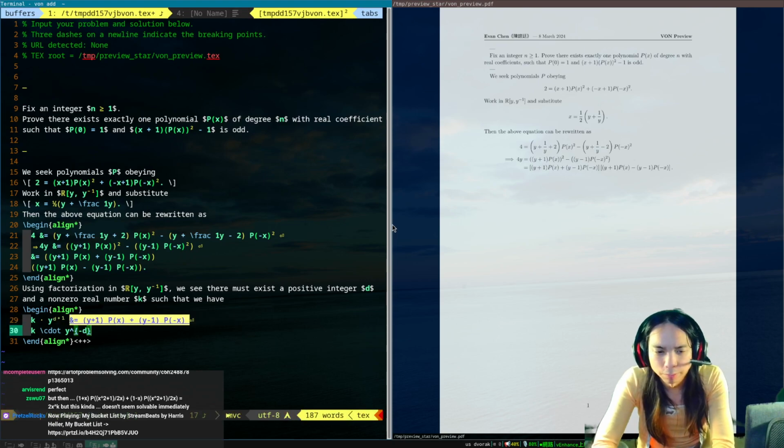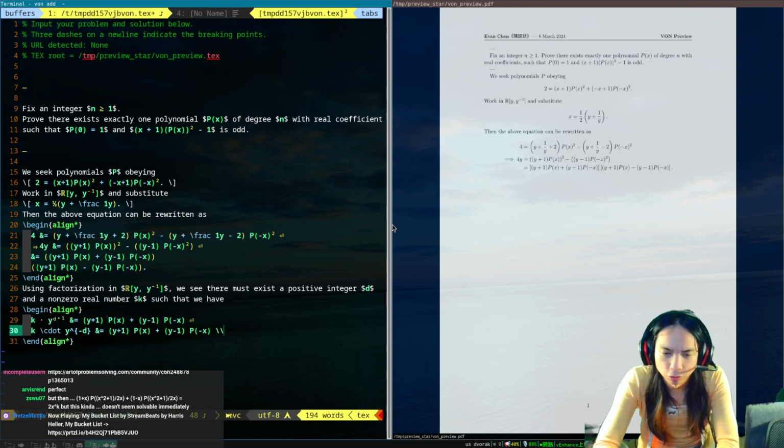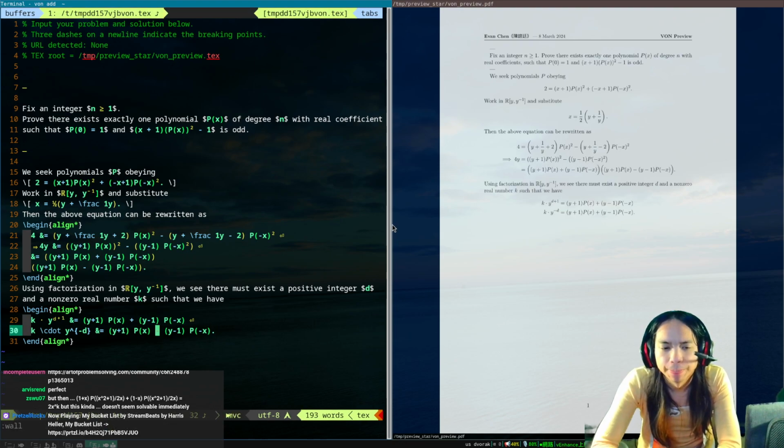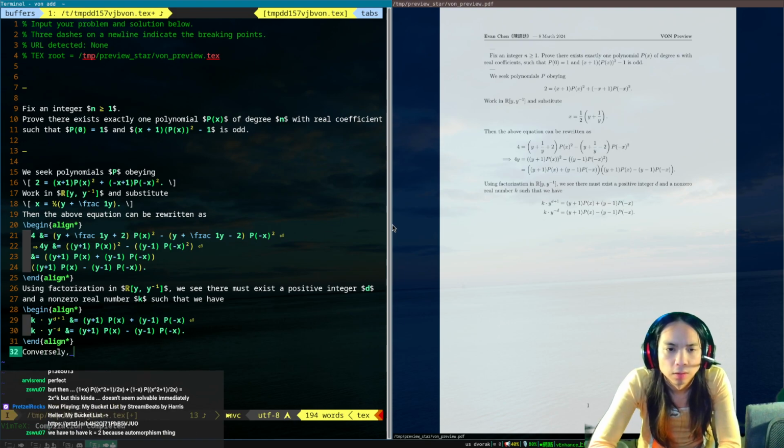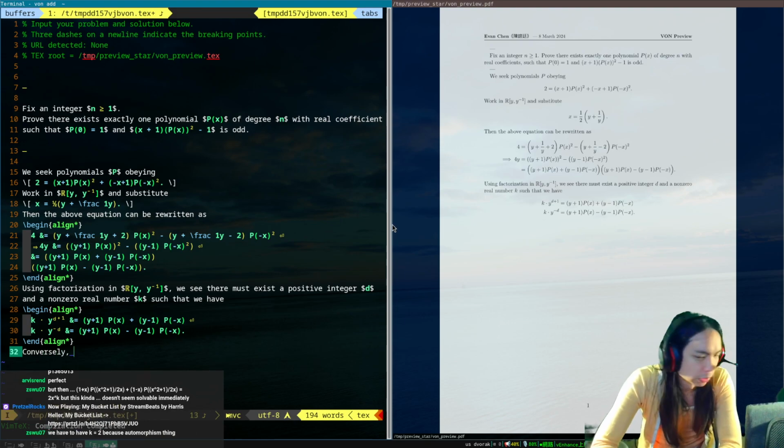I agree it's probably not solvable immediately, but it should be solvable eventually, I think. So can someone quickly show that k equals 2? Because automorphism thing, what does that mean?